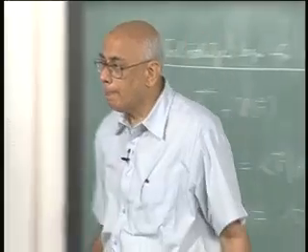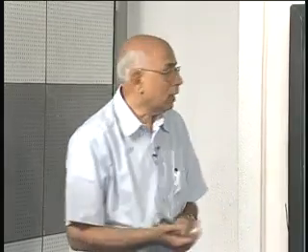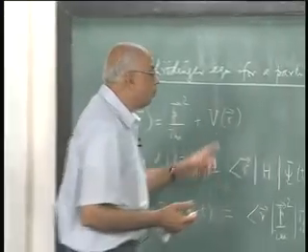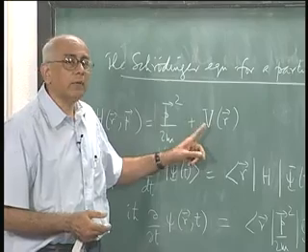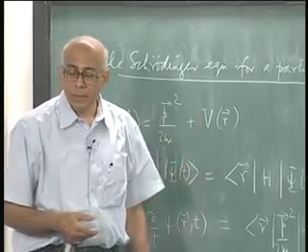Pardon me? It should be what? It is acting on a bra, so it should really be V star of r. We should be careful in doing this, but now I am talking about a Hermitian Hamiltonian because I would like its eigenvalues to be real, it is a physical quantity. Therefore this function V I have assumed is real, good point, I have assumed the function V to be real. If it is complex, then we should have to interpret what the imaginary part means.